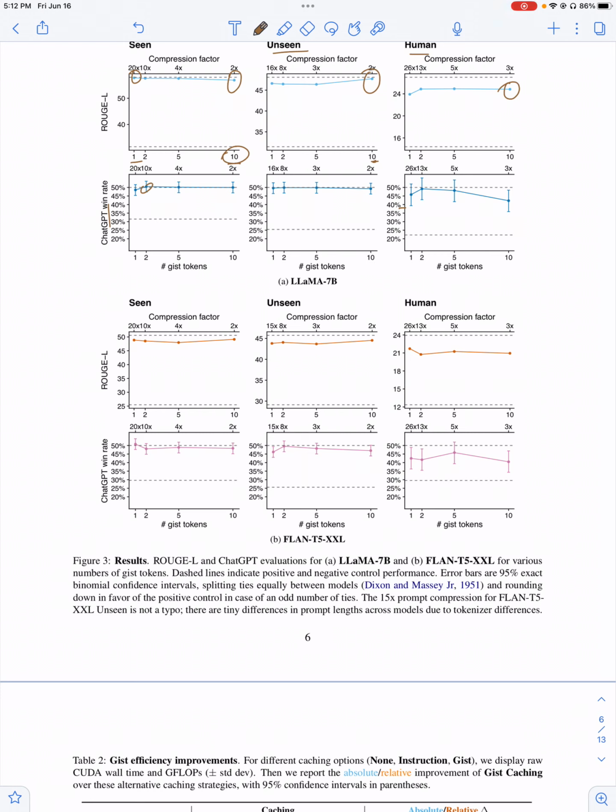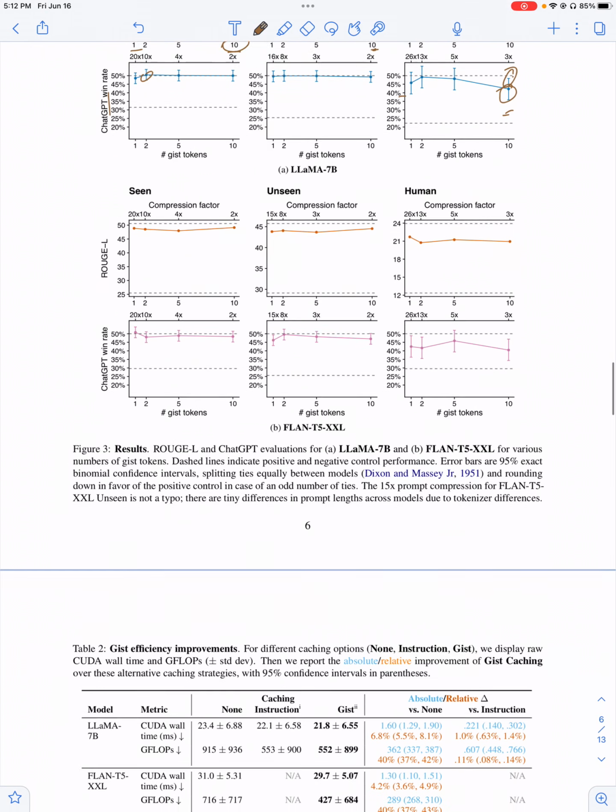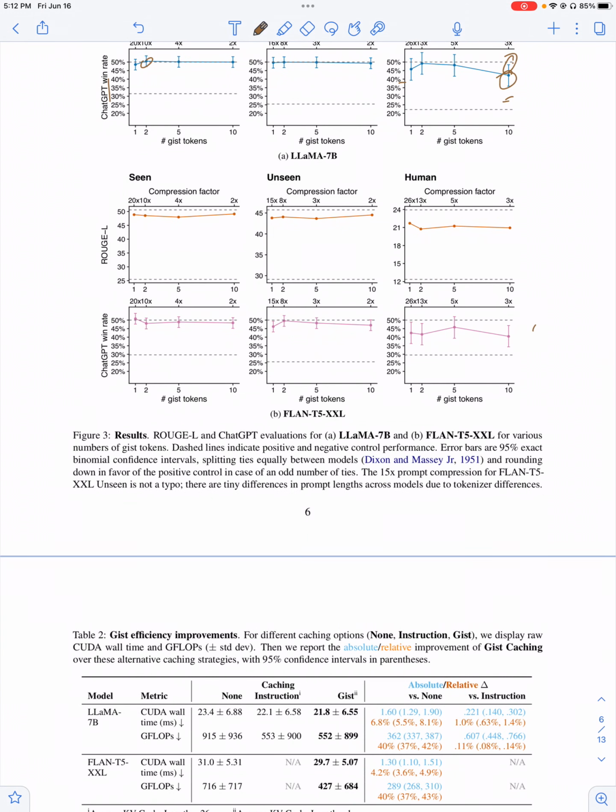And you can see that across the board on unseen prompts as well. But when you look at the human prompts, it seems like if you use too many gist tokens, ChatGPT is not liking your gist model compared to the positive control model where it gets the prompts. And you see a similar pattern in terms of FLAN-T5 as well.